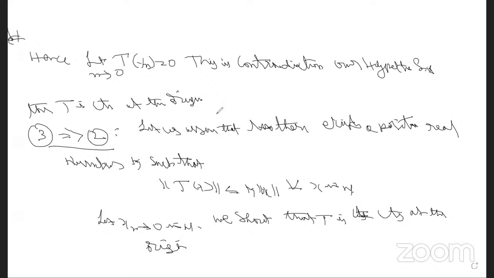Here continuous at the origin, that is xn tends to 0 in N implies T of xn tends to 0 in N dash.